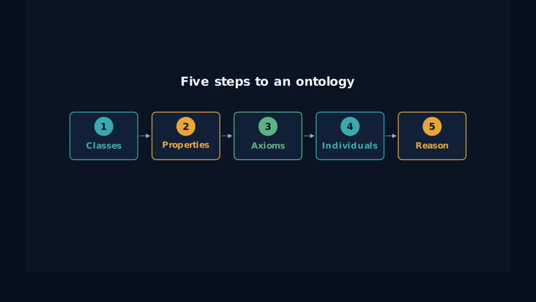Step 3, add your axioms, the constraints and the rules, the disjointness, the cardinalities. Step 4, add some individuals, a few real instances, to test that the whole thing hangs together. And step 5, run the reasoner, let the machine classify everything, and check for contradictions. Classes, properties, axioms, individuals, reason. That loop, repeated and refined, is how a rigorous ontology is born.